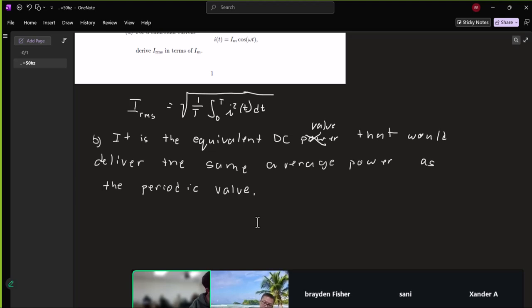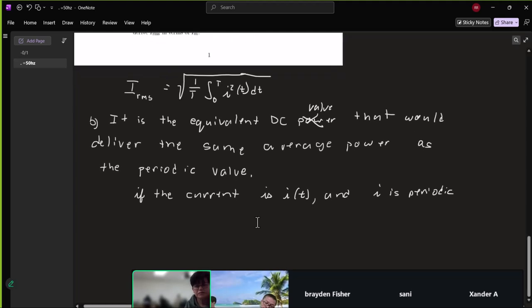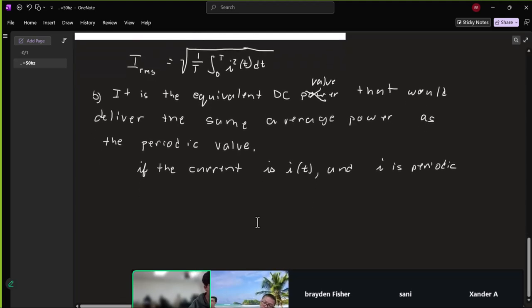So if the current is I of t and I is periodic, then the power equals I squared RMS R, the current through a resistor.